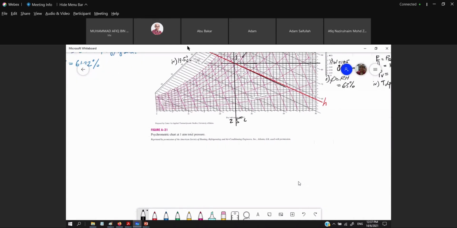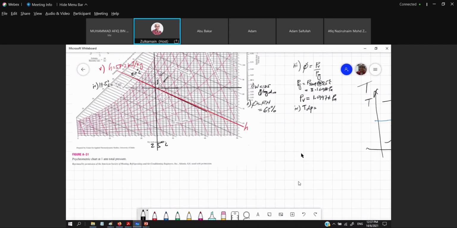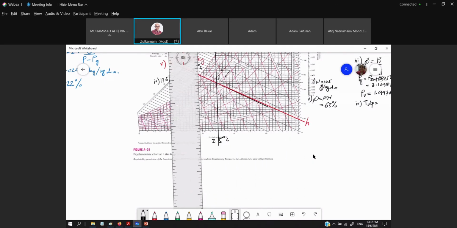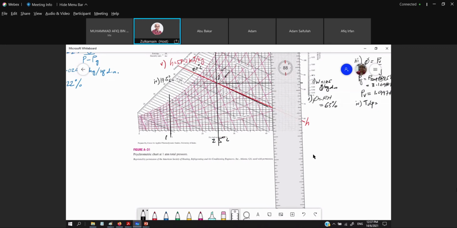I really know what happened. I used the mouse. How can I use a mouse? I have to use the stylus. Sorry, guys. Yes, that's right. This is 10 degrees C.